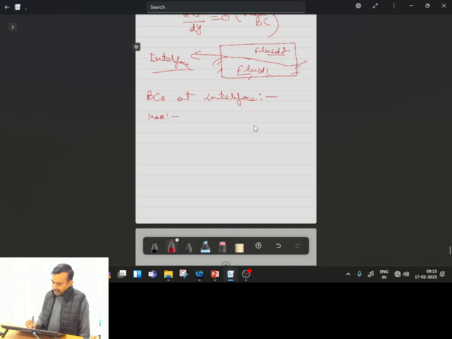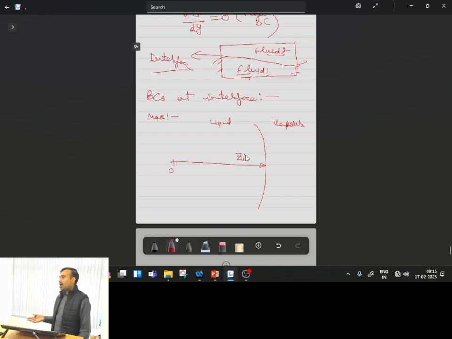So what I can do is assume that this is my interface, and on one side of the interface I have liquid, and on the other side I have vapor. Is this one clear? Now let us assume that this is my origin, and with reference to this origin the position of the interface is Zi.